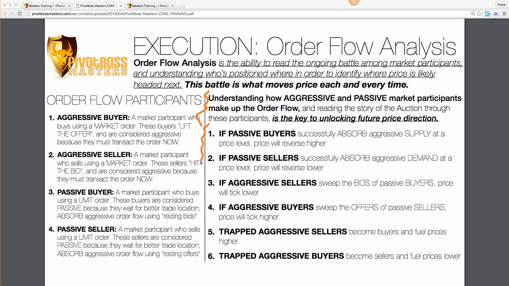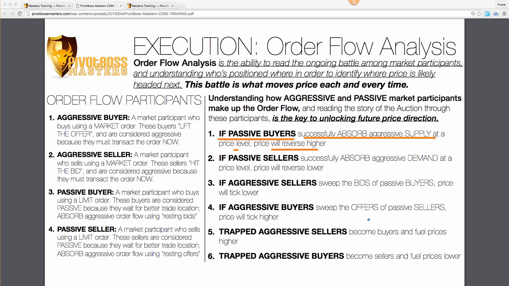And this is the order flow playbook right here. So these 6 items are the order flow playbook. You have if passive buyers do one thing or if passive sellers do one thing, then something will happen. So this is the actual playbook that you're looking for. So with the actual playbook right here, if passive buyers successfully absorb aggressive supply at a price level, price will reverse higher.